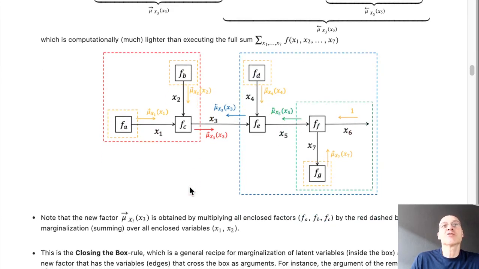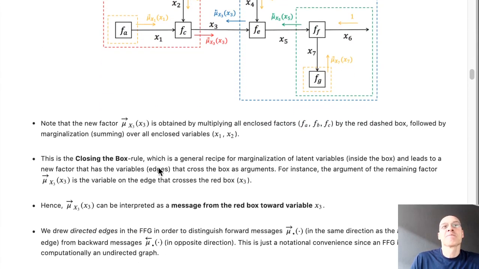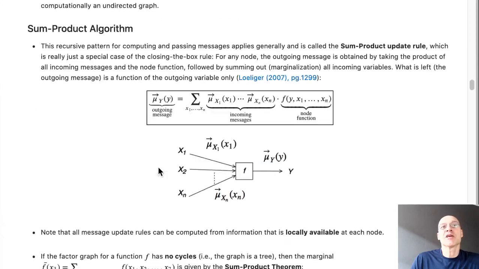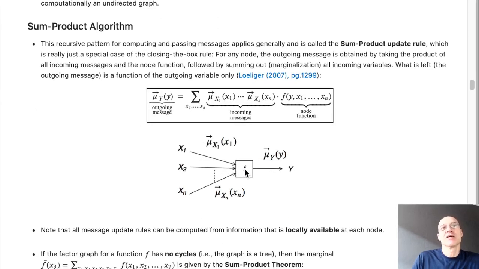In more general terms, the update rule for any node is you multiply all incoming messages, you multiply it with the node function, and you integrate over all incoming variables. What's left over is an outgoing message that is just a function of the outgoing edge.